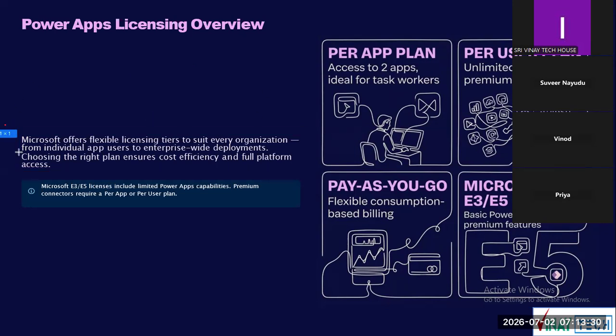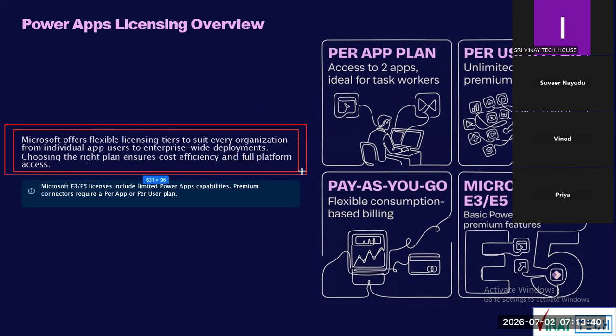Basically, architects and admin people working under Microsoft Power Platform, the admin people are architect-level people, can clearly explain these licenses to organizations. For entry-level developers, this licensing is not much required to understand, but if you know basic knowledge, that is enough.